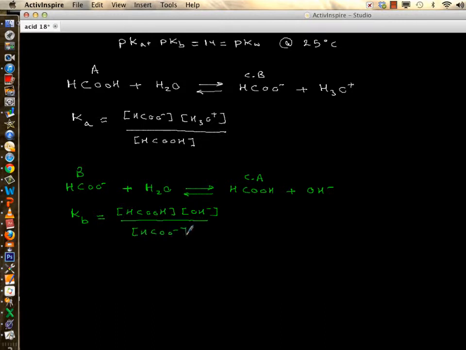Now what happens if we multiply Ka times Kb? Let's see what happens to our equations. So I'm going to take Ka multiplied by Kb. The first equation, the ratio is written again in yellow. This is your Ka. Multiplied by the second equation in green.